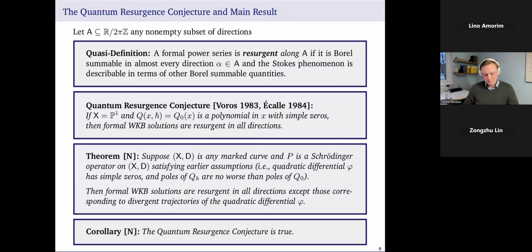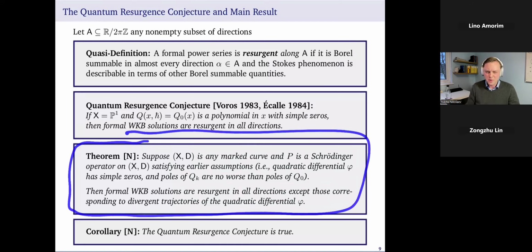So you have a curve with a marked curve. Sorry, I don't think I understood the question. The corollary, the quantum resurgence conjecture. Can you formulate that for more general, so you have a marked curve? But that's the content of the theorem. Oh, I see. So that's already said, you already have a resurgence.